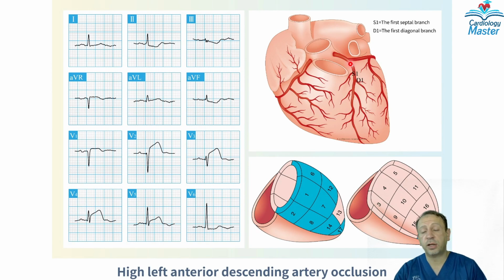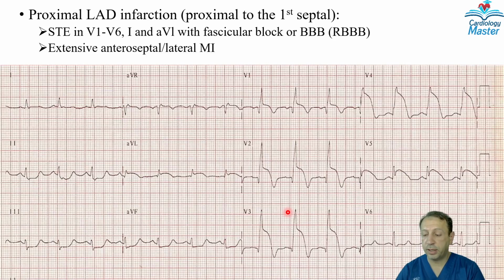This also depends on the location of the occlusion: very proximal in the LAD, in the mid LAD, or in the distal LAD. This is the anterior wall MI, and part of the septum is supplied. How does it manifest on an ECG?